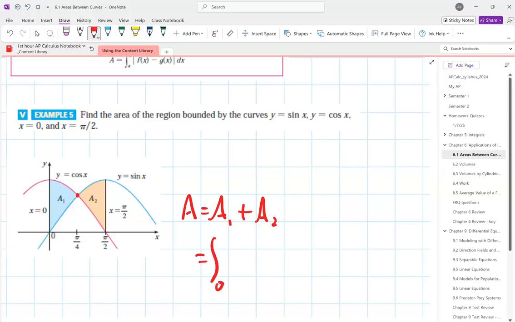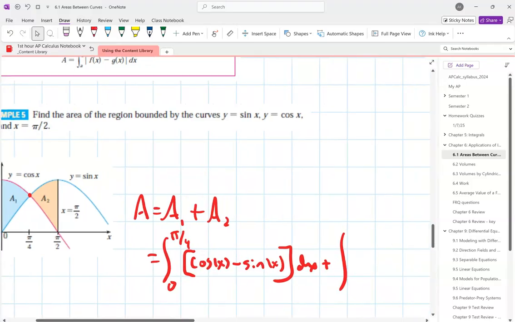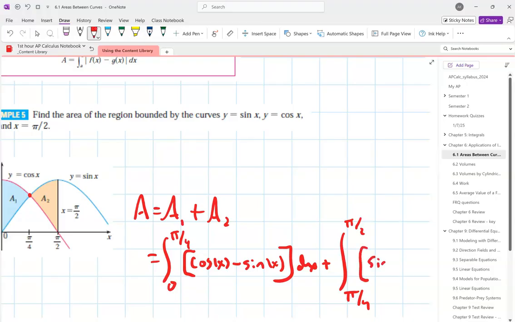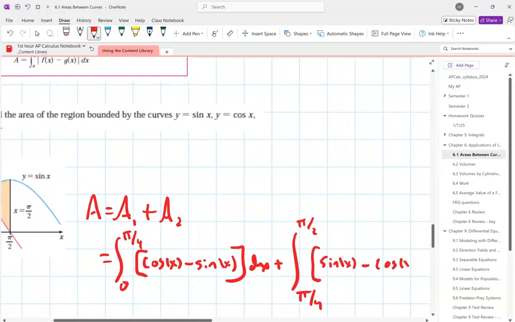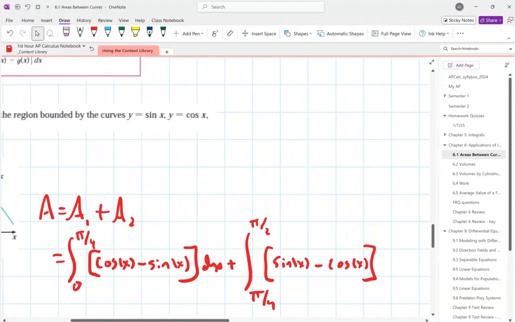A1 is going to be the integral from 0 to pi over 4 of cos x minus sine x. And then area 2 is the integral from pi over 4 to pi over 2 of sine x minus cos x.